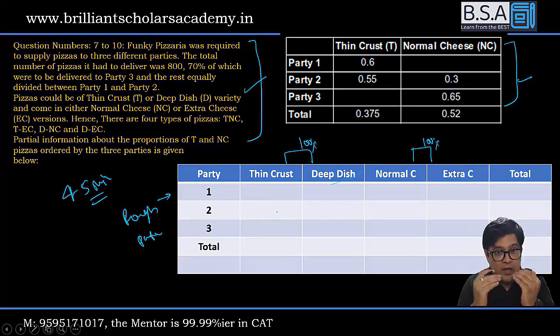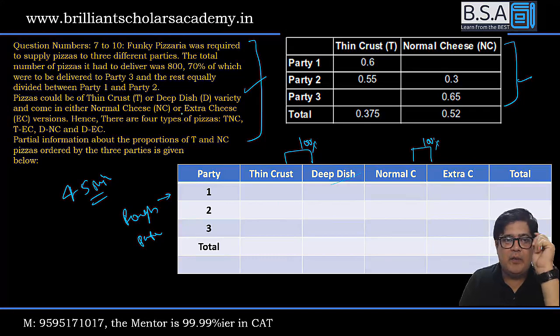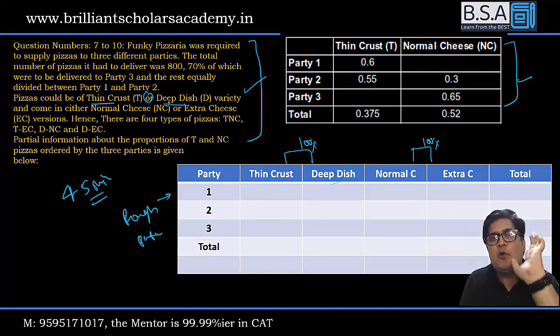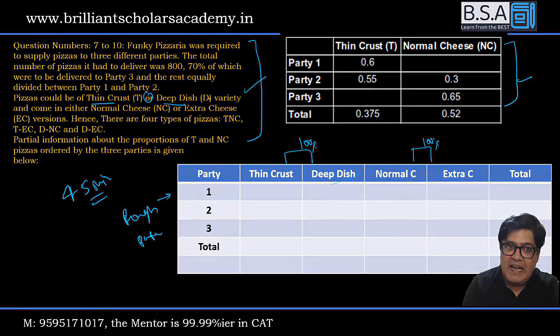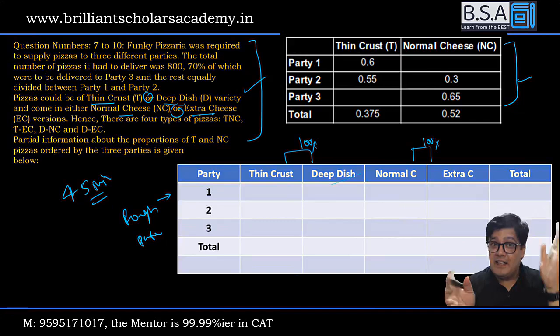So you are not able to understand how the information was given. I will read that part again for you. The pizzas could be this or this. These two should be 100%. And within that there is a variety: normal cheese or extra cheese. These two also should combine to 100%.